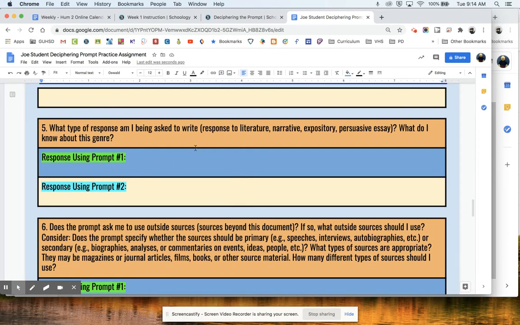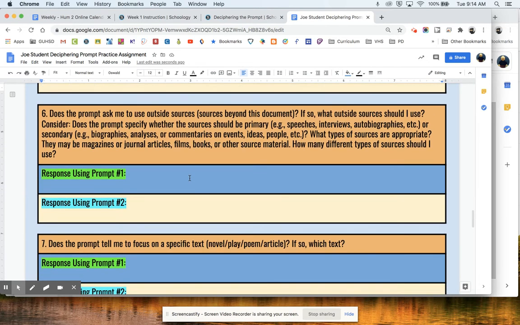The type of genre, the first one is, this genre is a response to literature. What do you know about the genre? I know about this genre that I should, and this would be things like citing the quotes by page number, author name, referring to author by last name, stuff like that.